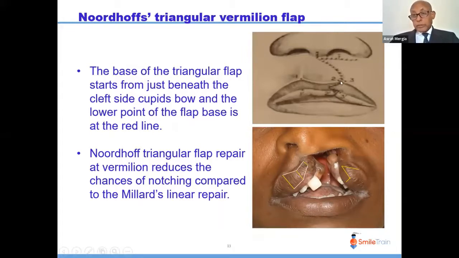But this flap assumes there is nothing here, starts from zero, and is inserted in the defect side. This was my concern, and by doing this, it was distorting the lip and was not geometrically accurate to replace the deficiency. This was one of the points I was not happy with.